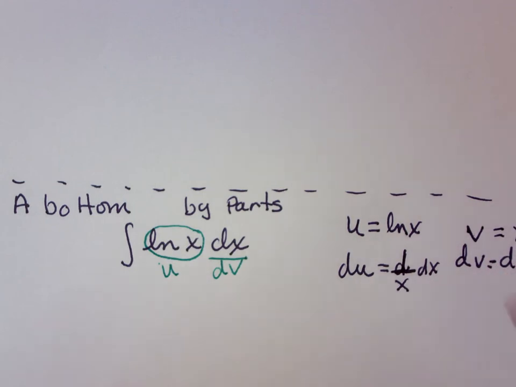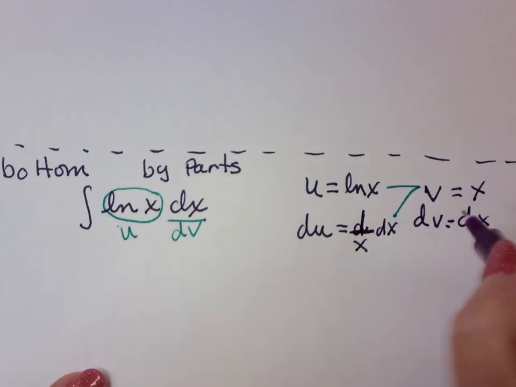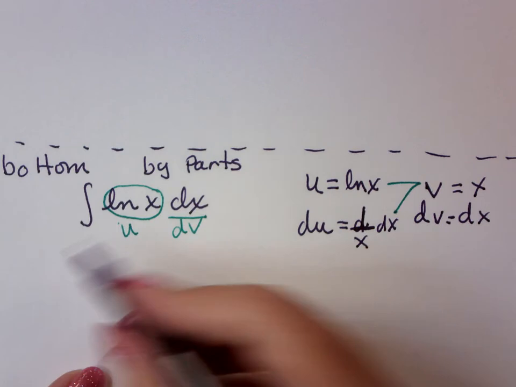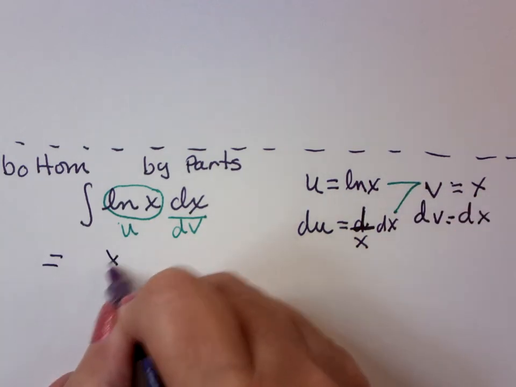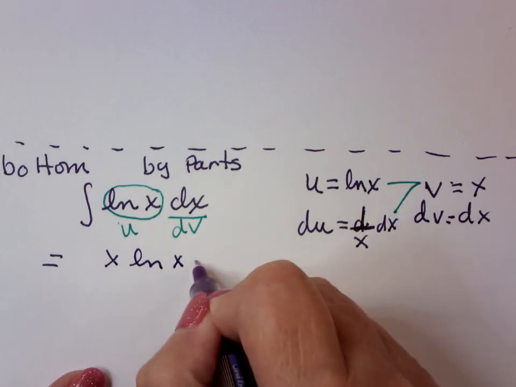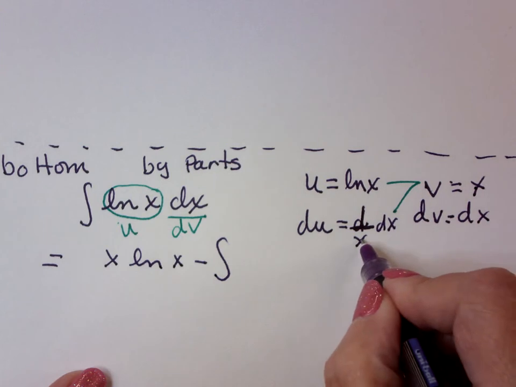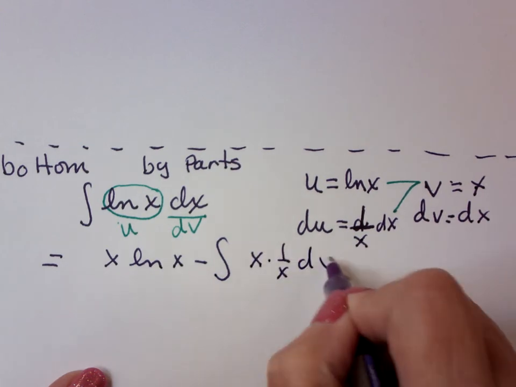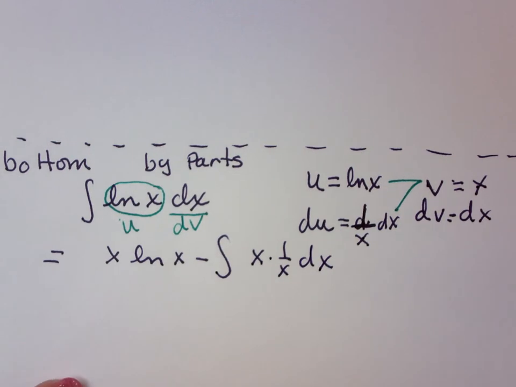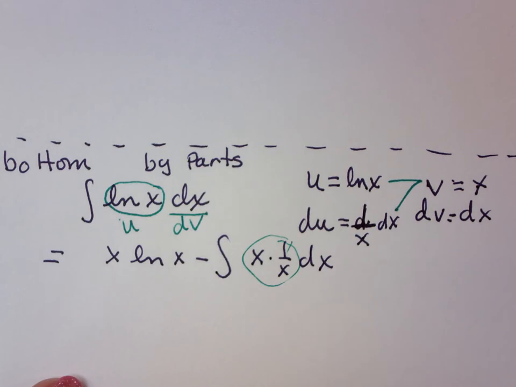So now we 7 it. So this is u times v, x natural log of x, minus the integral of v du, x times 1 over x dx. Now notice what happens with these guys. They become a 1.